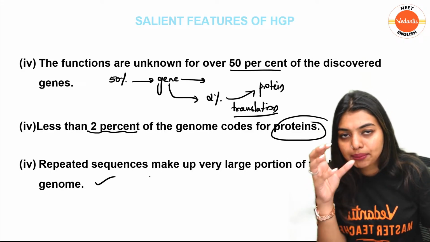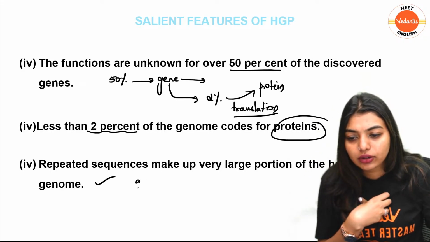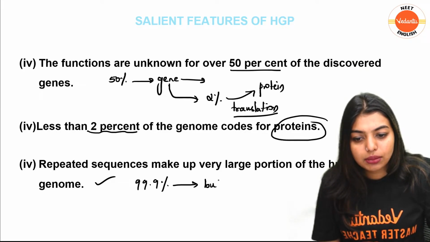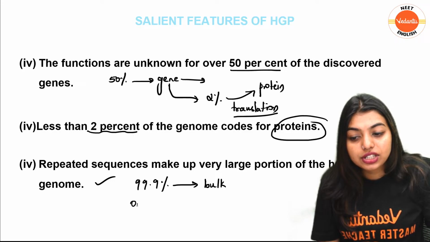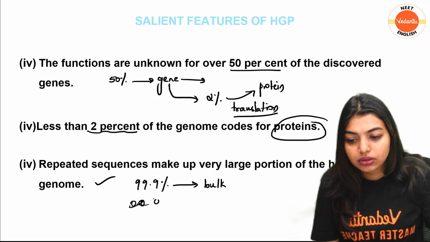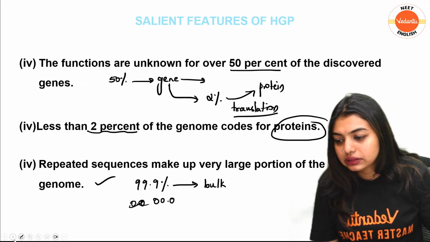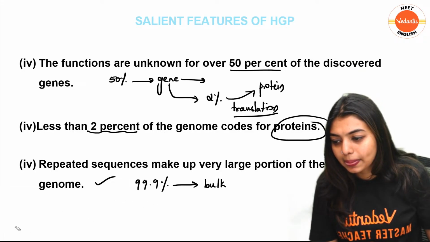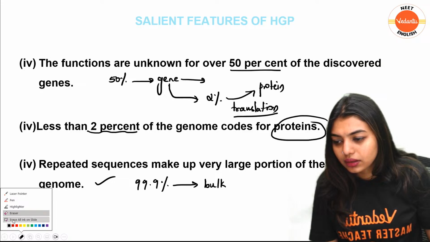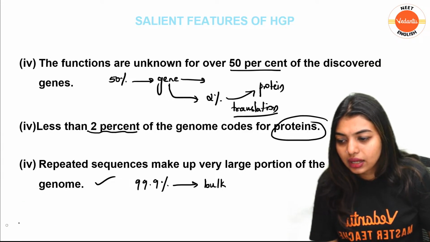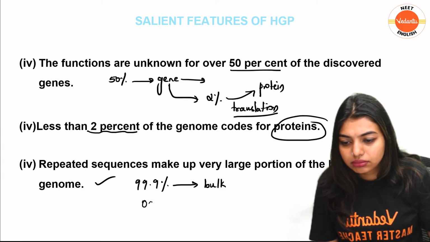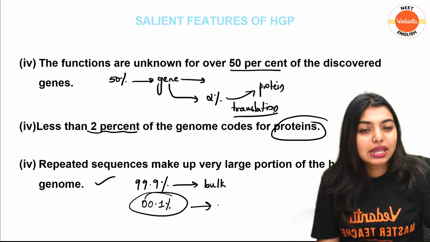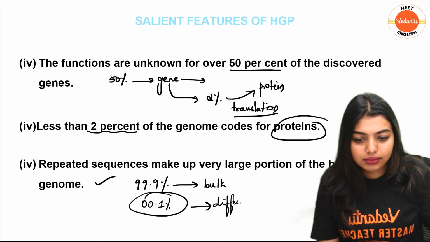That's why, students, we all have around 99.9% same DNA. That is called the bulk DNA. And what is different? Only 0.1% makes us different from each other.